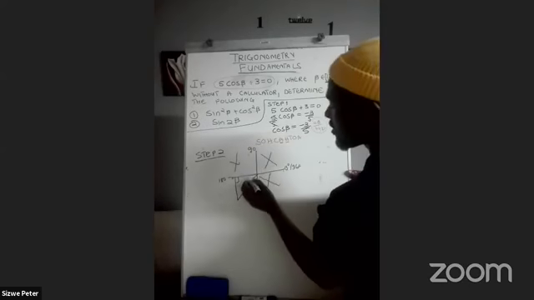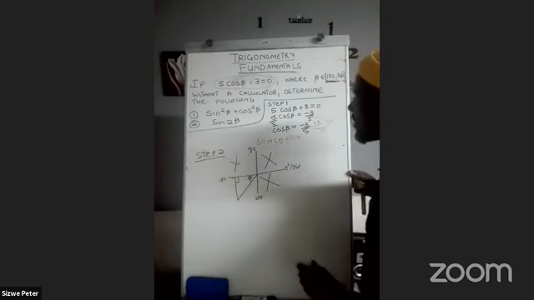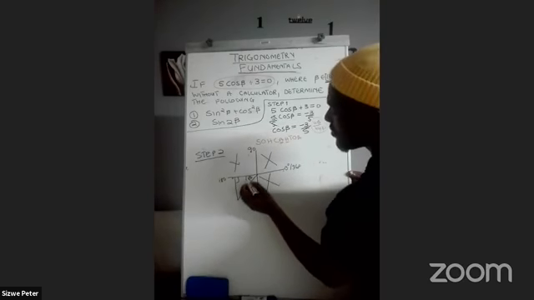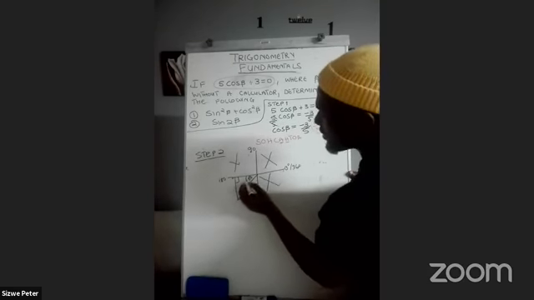Now, what is your angle? It's beta. Now identify which side is opposite. This is opposite to the angle beta.